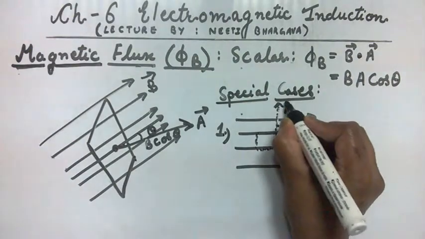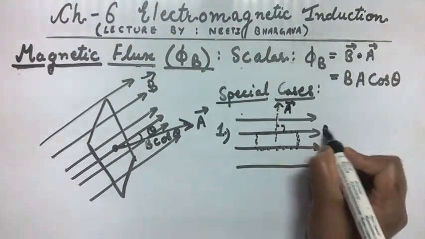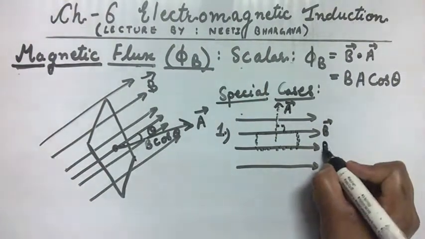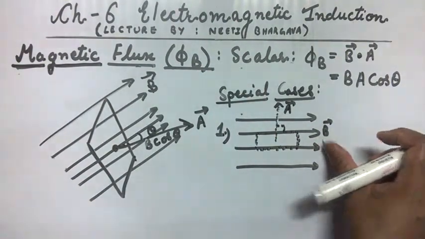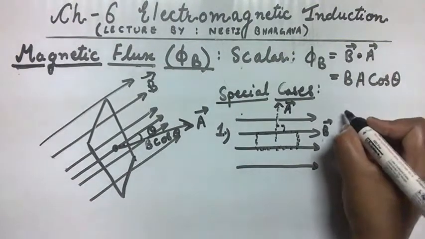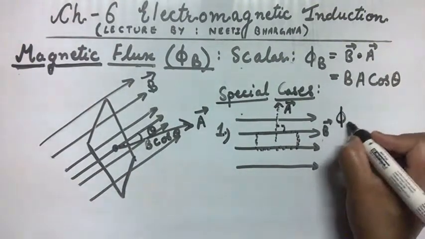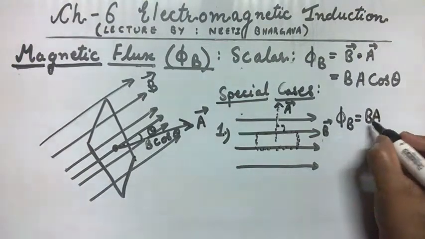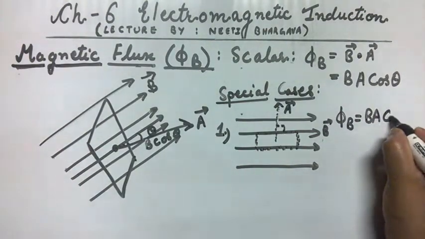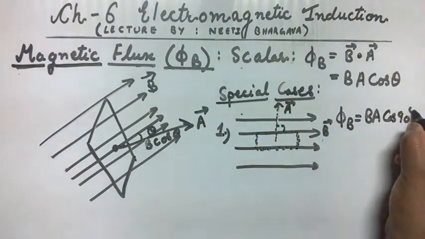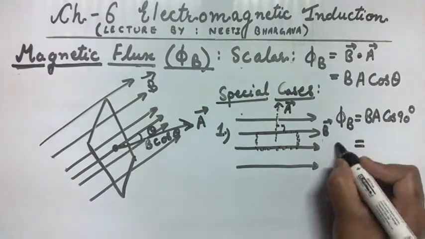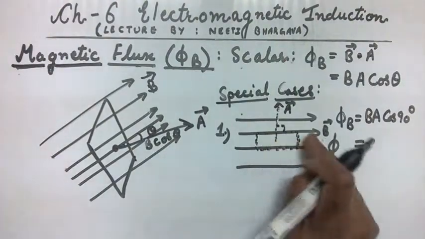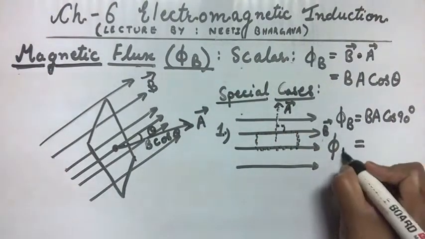This is area vector and this is magnetic field. Or we can write magnitude of magnetic field and area vector cos 90 degree. Cos 90 is 0. Therefore, number of magnetic field lines passing through this area is 0. That is minimum.